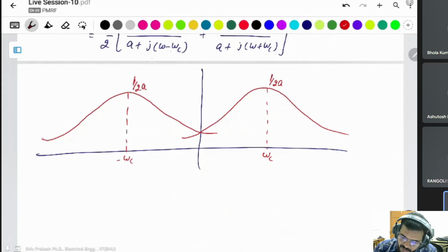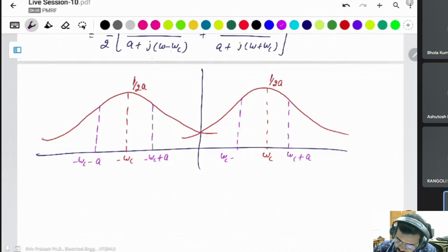For the cutoff frequency, it will be omega c plus a and omega c minus a. Simply, if you multiply any signal by the cosine, then that signal is divided into two parts. It looks like this one.